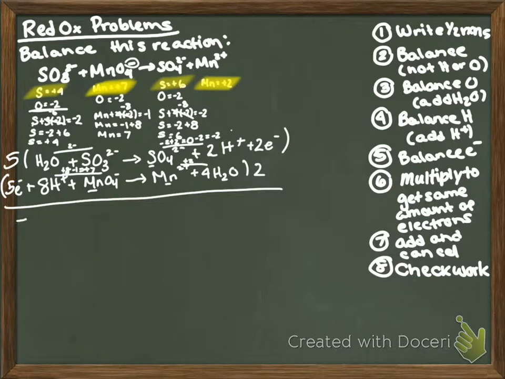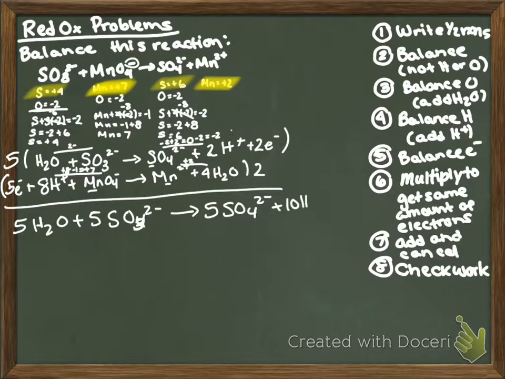Distributing this 5, I should get 5 H2O plus 5 SO3 2- gives us 5 SO4 2- as a product, plus 10 H+ plus 10 e-.